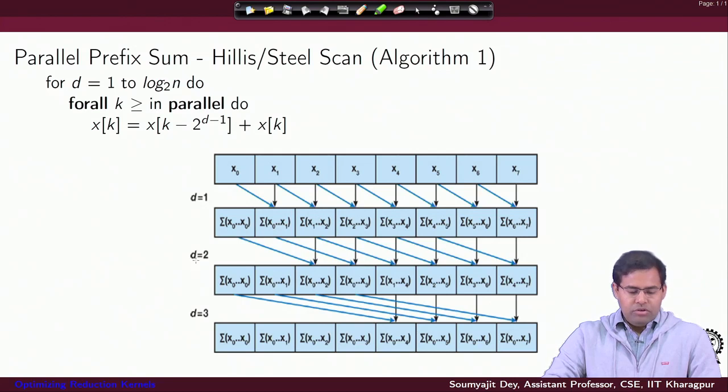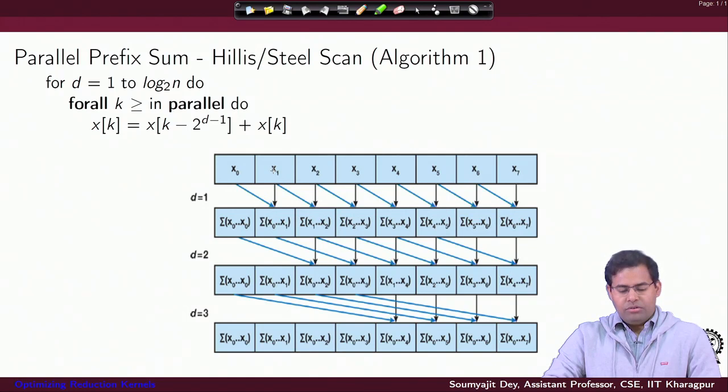Now, as I go to d equal to 2, let us see what happens. In the second stage my stride is increasing. For the threads I am increasing my stride. First of all, how many threads are now operating? I started initially with an 8-sized array, and the number of threads I am operating is basically 1 less than the total number of locations.